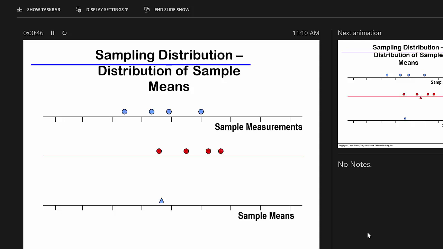Another sample, 4 cans. All measurements are different, therefore the average is different. The average I put down as a part of my sampling distribution. The 4 points I put up as a part of my population distribution. And I keep doing that again and again. 4 cans that are pretty close to each other, right?